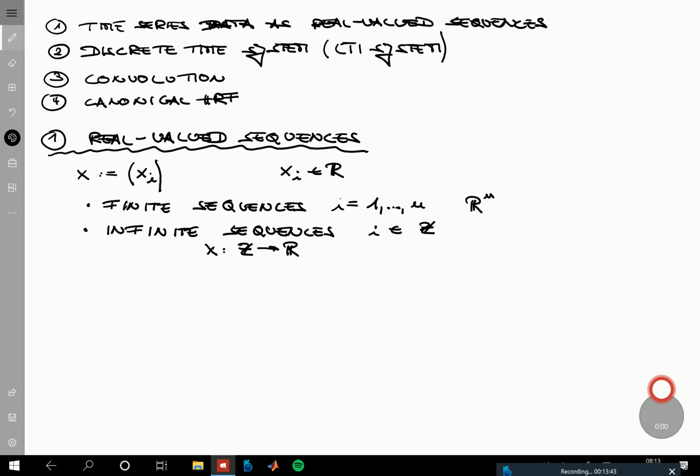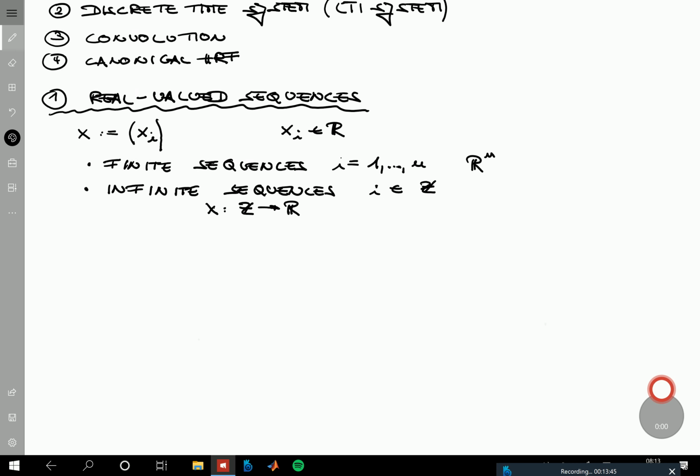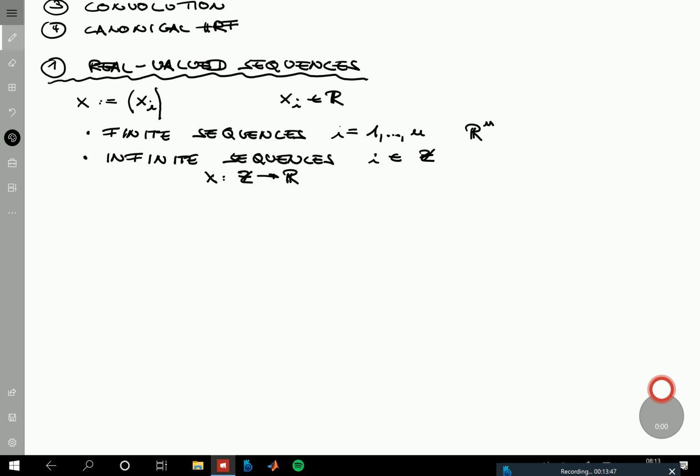So to make this concrete, let's have a look at a finite sequence. So if we, for example, talk about this, we have a sequence with 7 elements.